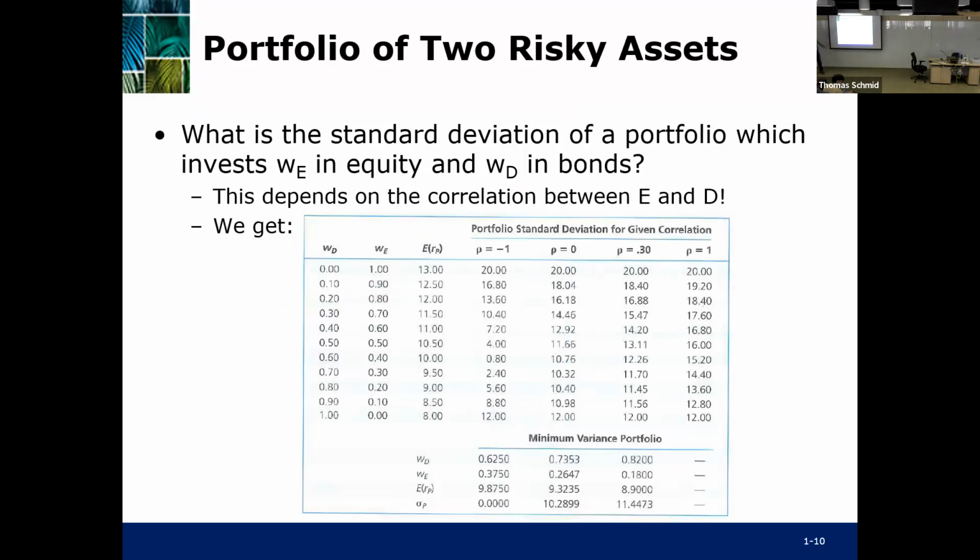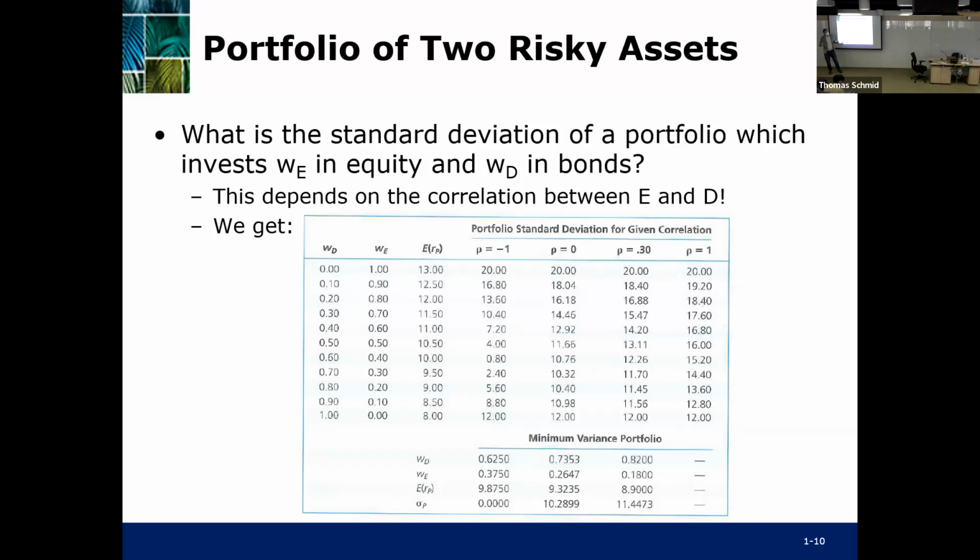Well, of course, this depends on the correlation between E and D. What we can now do is, for discrete steps, calculate that. We invest all in the equity fund, all in the debt fund, or in steps of 10%. And then for different correlations, we calculate the portfolio standard deviation.